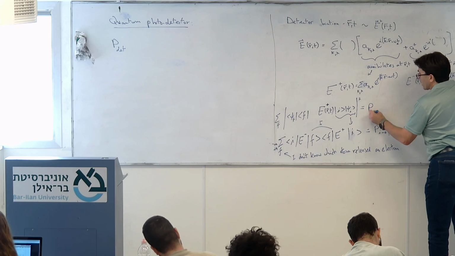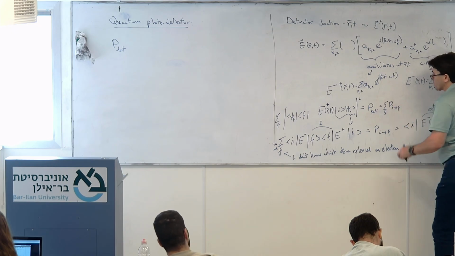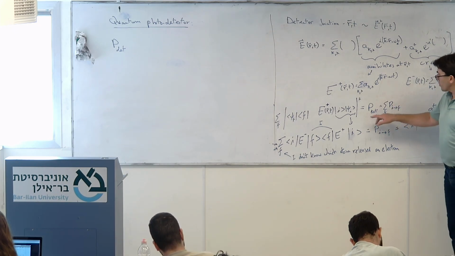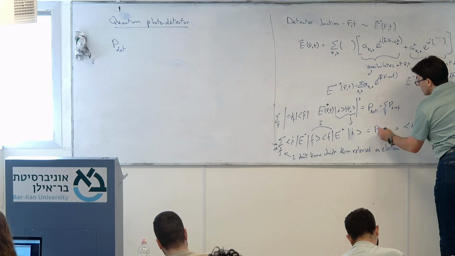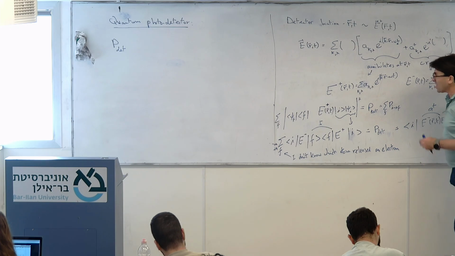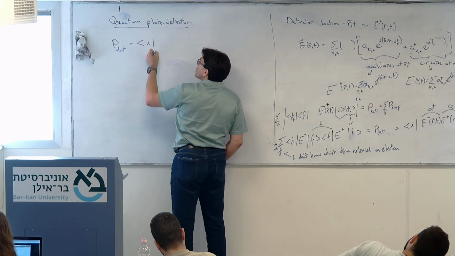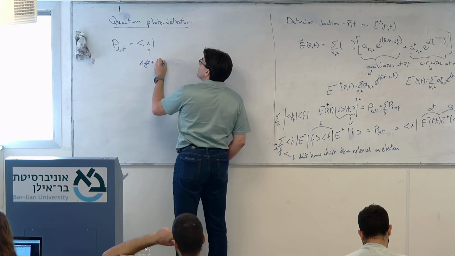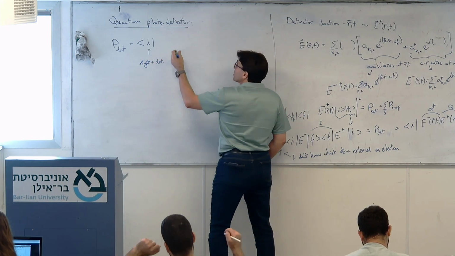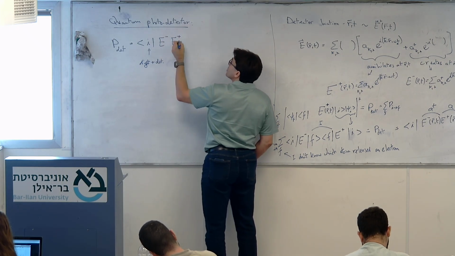It's the probability of detection, which is the sum over the final states of the probability from I to F, right? So the probability of detection is simply this initial state of light plus detector, and then there's E minus, E plus.